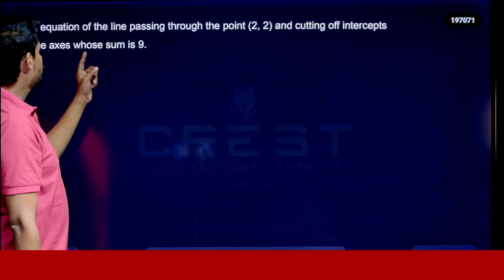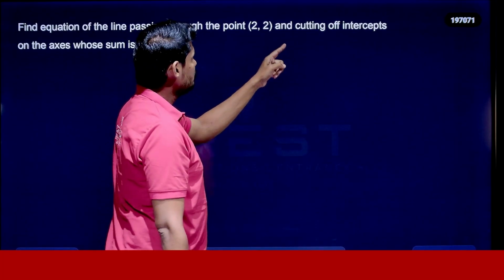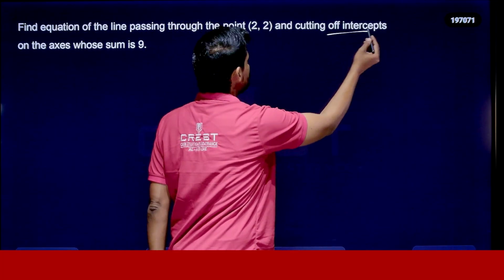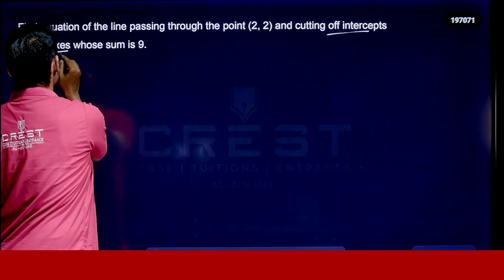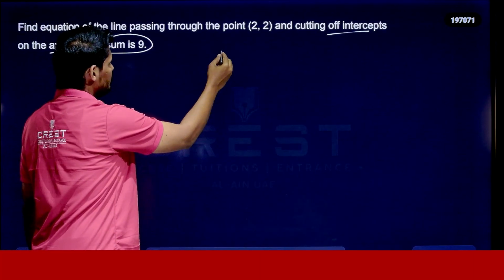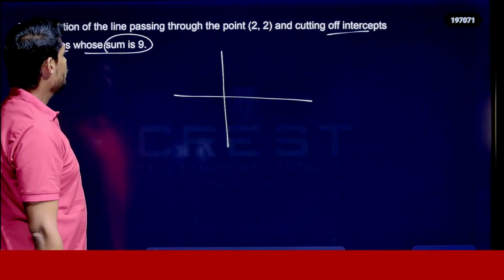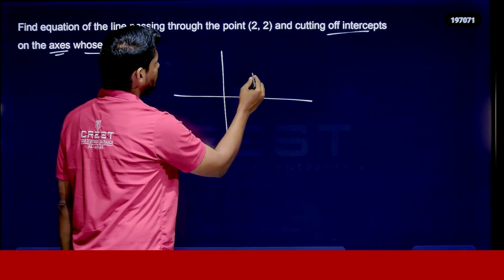You have to find the equation of the line which is passing through the point (2, 2) and cutting off intercepts on the axes whose sum is 9. So what is given? A line is passing through (2, 2).